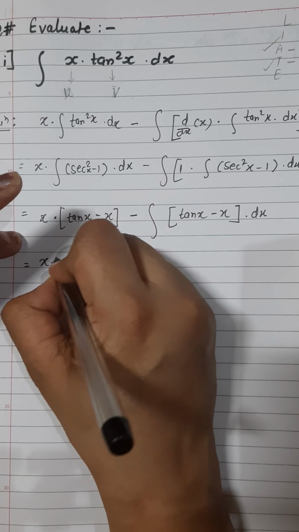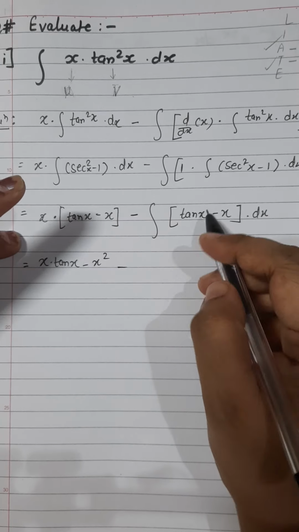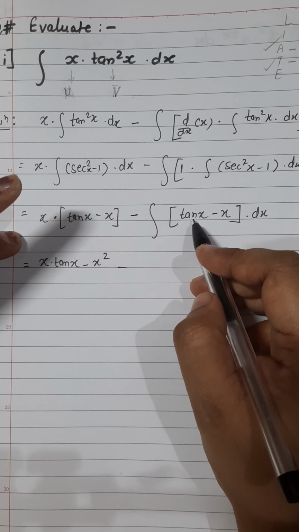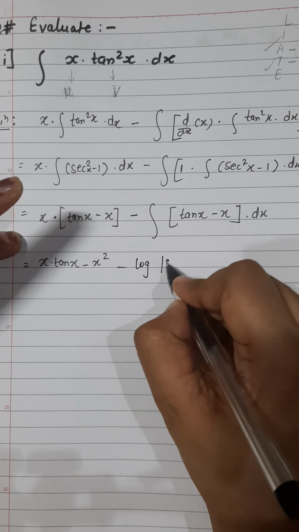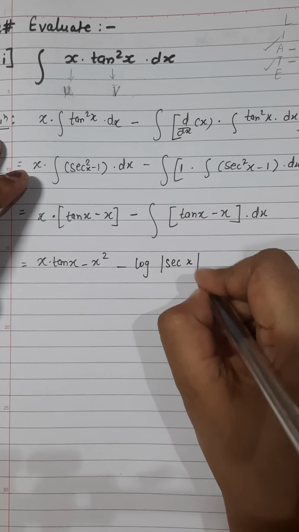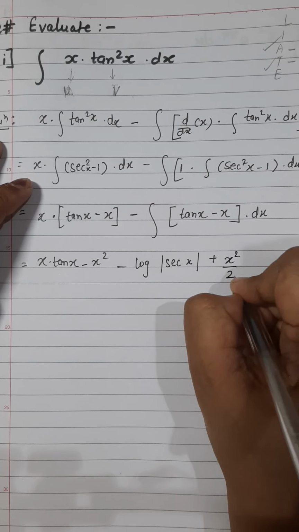We get x tan x minus x square minus, now integration of tan x is, you know, log of sec x. Just remember all the integration formulas, and here we have minus minus plus, integration of x is x square by 2 plus c.